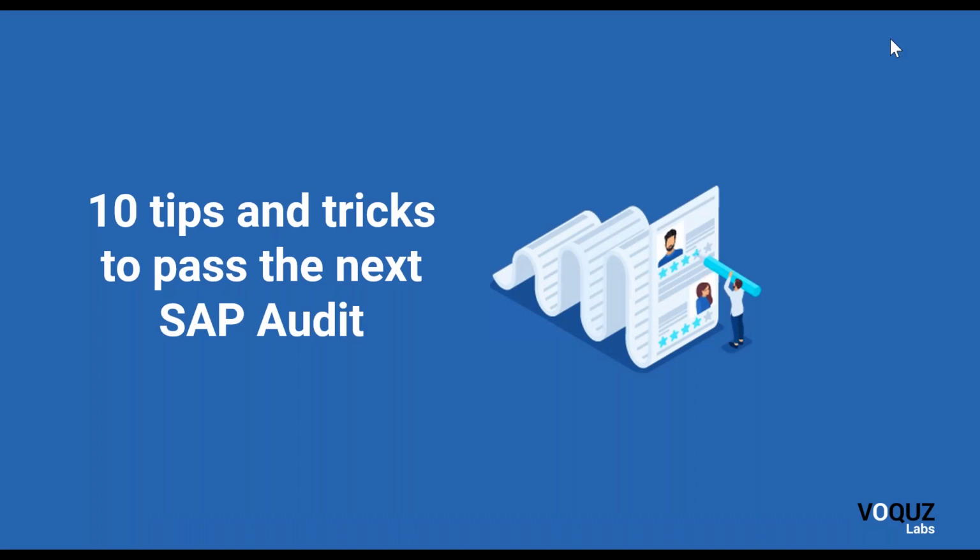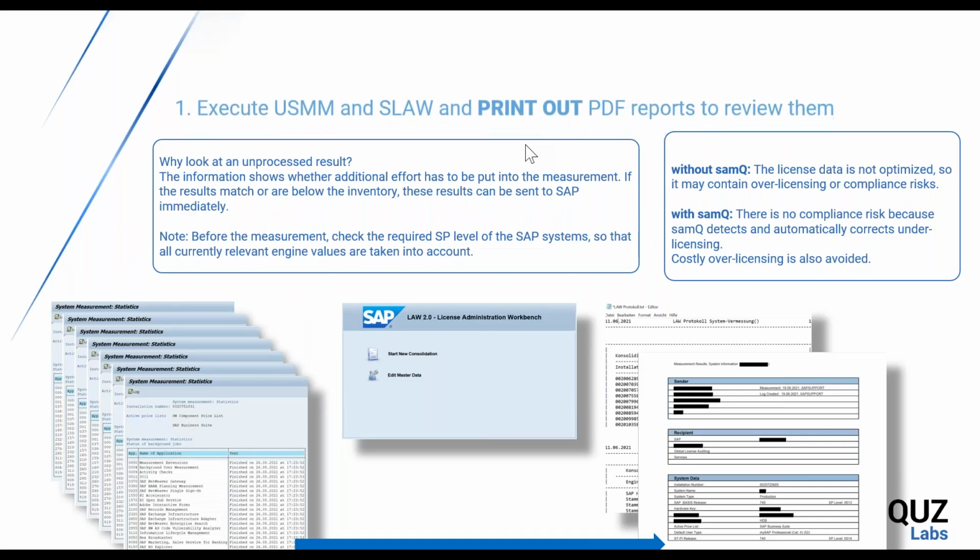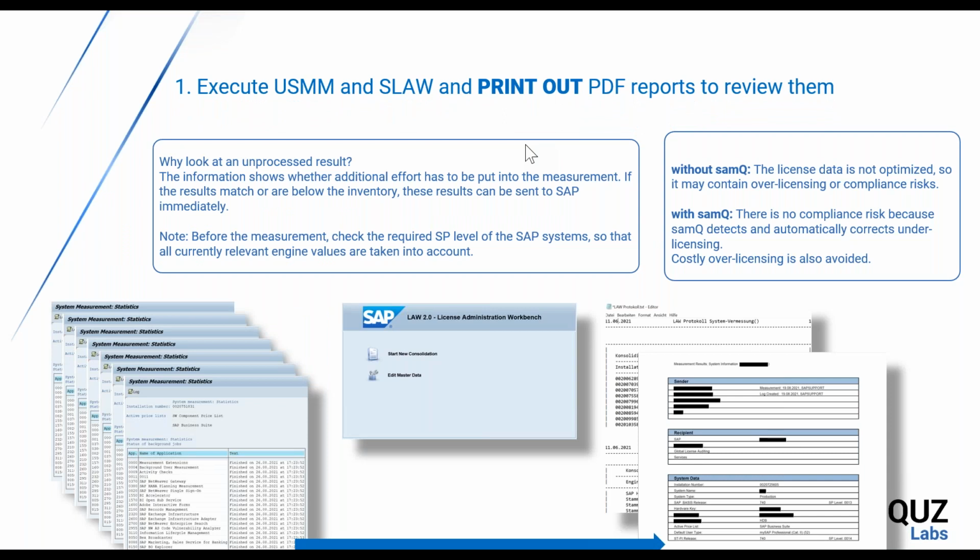Let's head on and speak about the SAP audit preparation. So, number 1, execute USM and SLO. As you may know, there is a system measurement guide that you find in SAP's help portal.